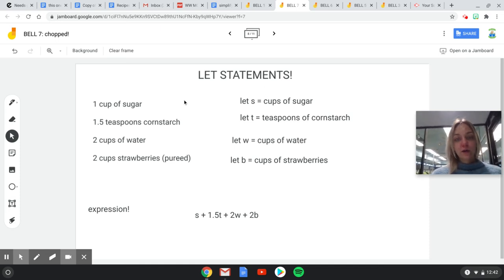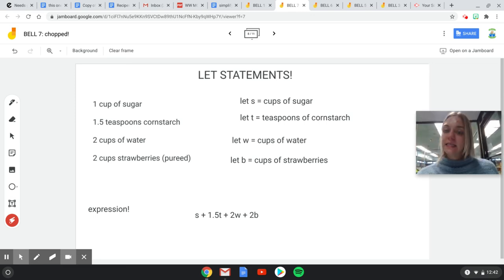So if you're taking notes, for your let statements, a let statement must include the word let. It must include the variable. It must include the unit of measure, which you get from your recipe. And it must have the ingredient.